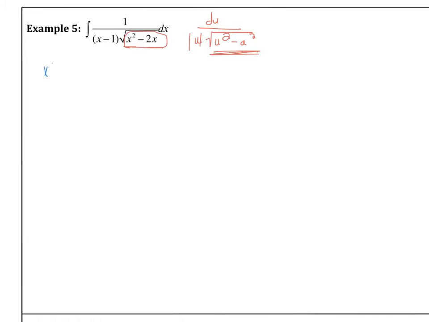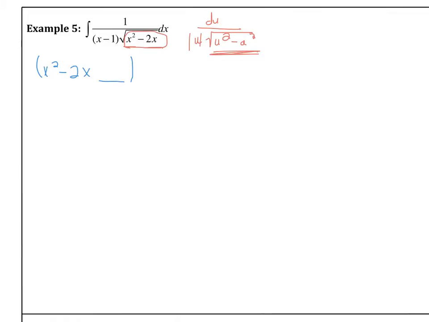If you remember, when we complete the square, we group the first two terms together. In this case, there are only two terms. We group these two terms together, but I'm going to leave a placeholder for a third term. We're actually not going to think about it, we're going to calculate it.